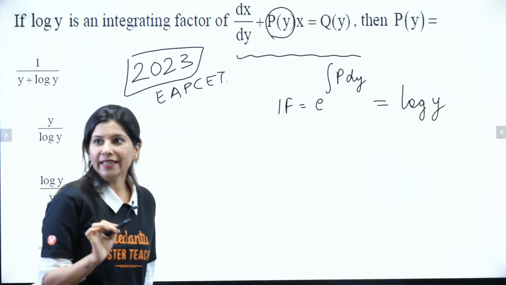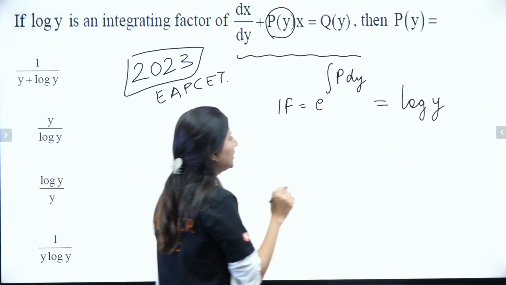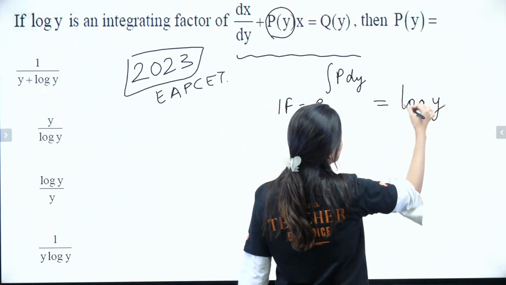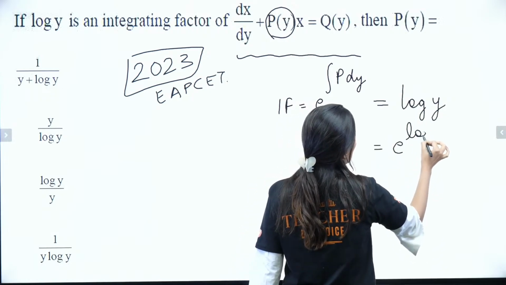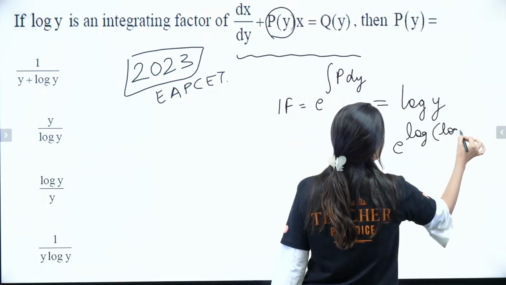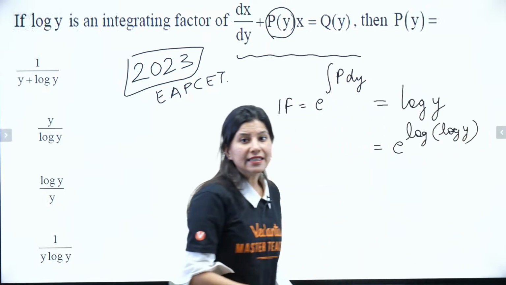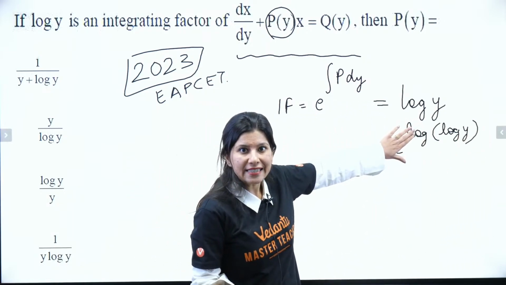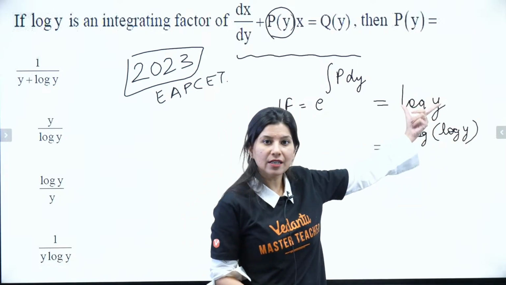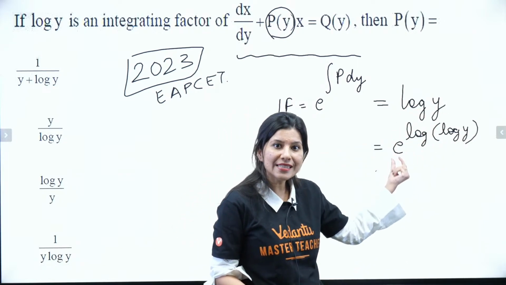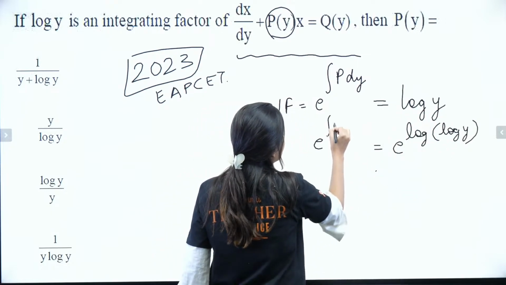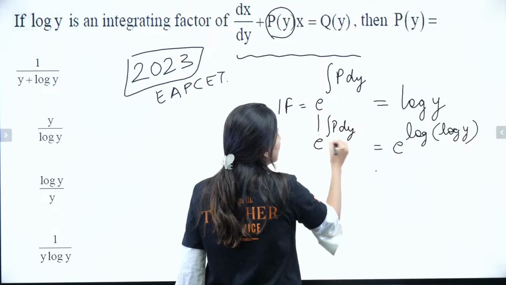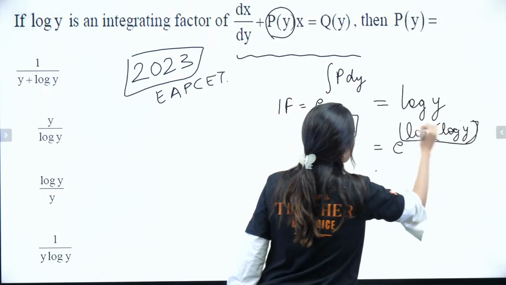All right. So basically what we need to do is, first of all, let us write the right hand side in the form of e. So e raised to power log of y. If I write in this manner, e raised to power log will get cancelled out. Only log y will remain. So log y can be written as e raised to power log of log y. Yes or no? Right? So e raised to power integral of p dy. That means this and this are exactly the same.